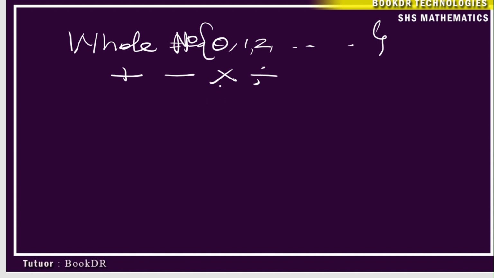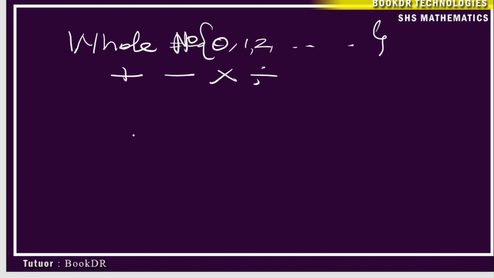We would like to find out, when two numbers undergo one of these operations, whether the outcome will be an element of this set, whole numbers.